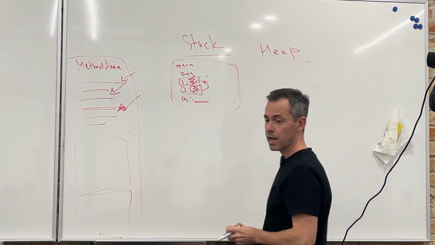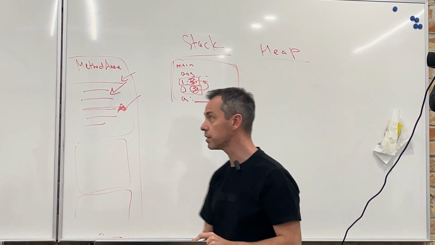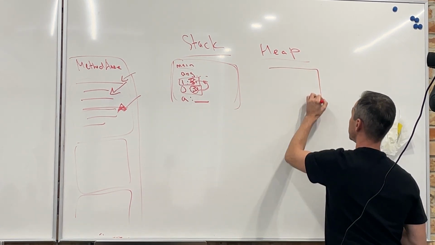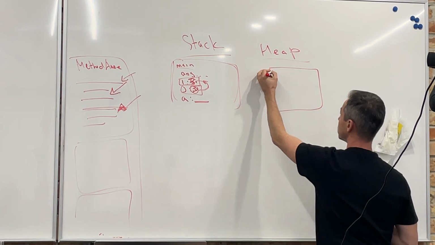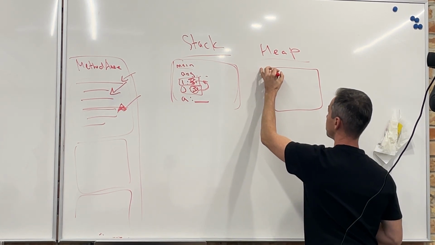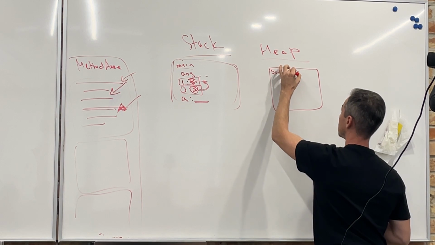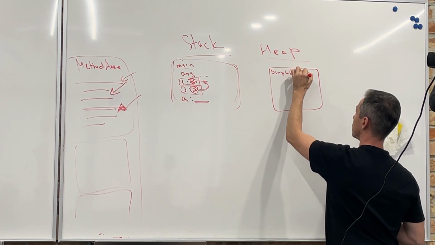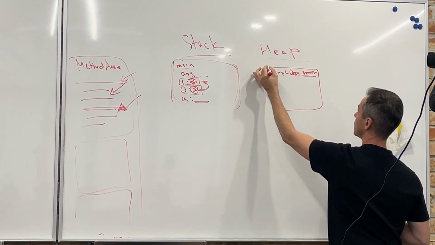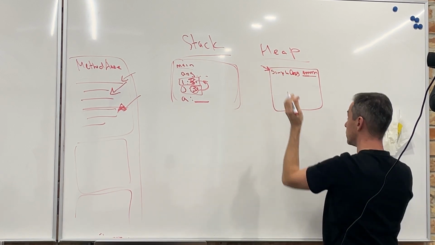So we execute this new simple class, and at this moment we create, in the heap, an object of simple class with some address. This is the address of this object in the memory.